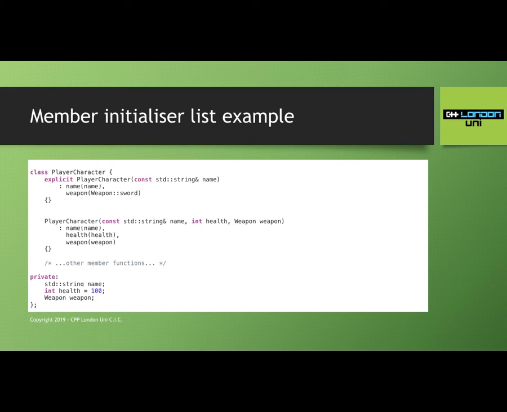Then in our member initializer list, that's this thing with the colon between the constructor signature and the constructor body, which is these empty curly braces here, we're going to use it to initialize the members of our class. We're going to initialize our name with the name that we were given. And the initial weapon the player gets in this game, they start off with a sword. Maybe they upgrade it to a broadsword or a longbow or whatever later, but they start off with a sword.